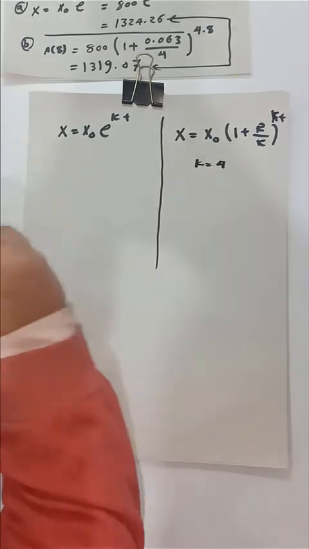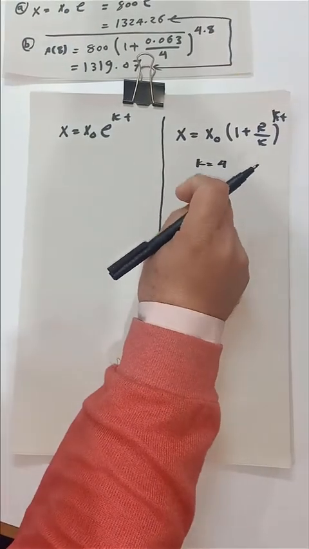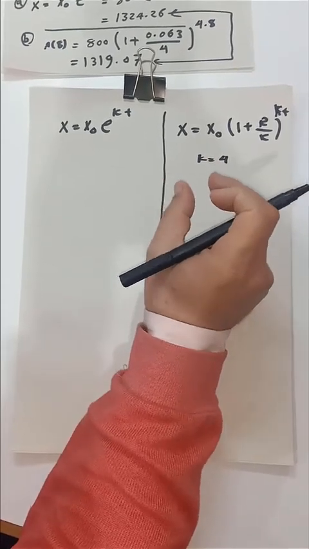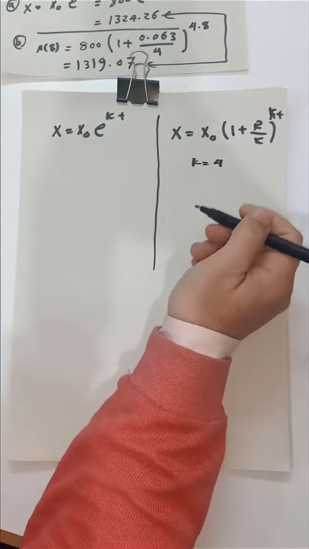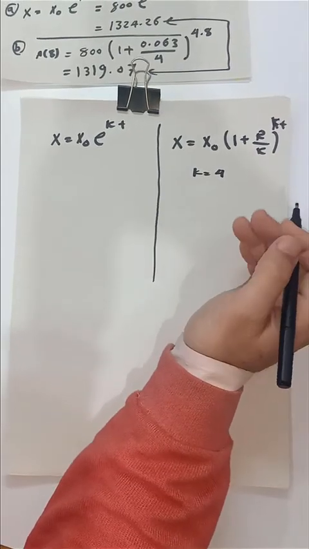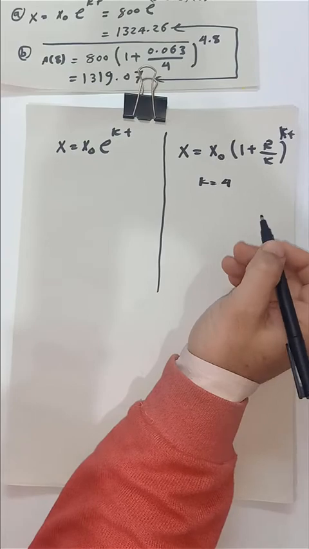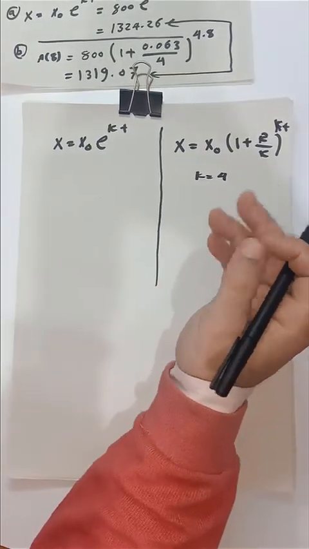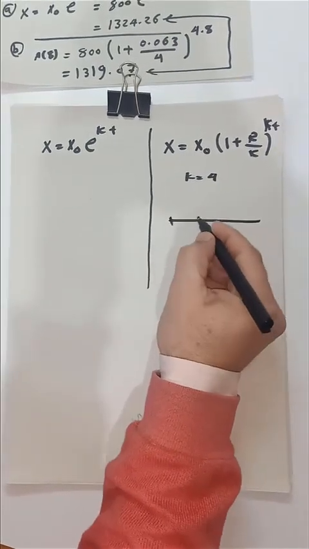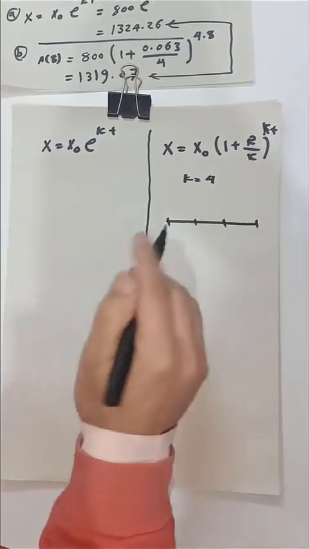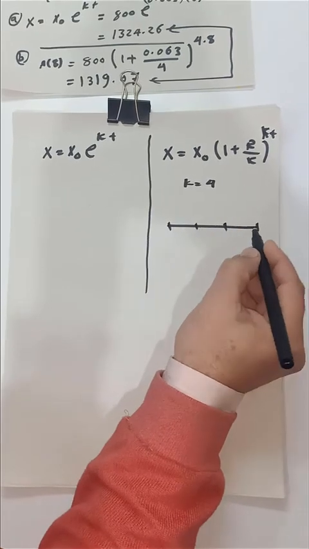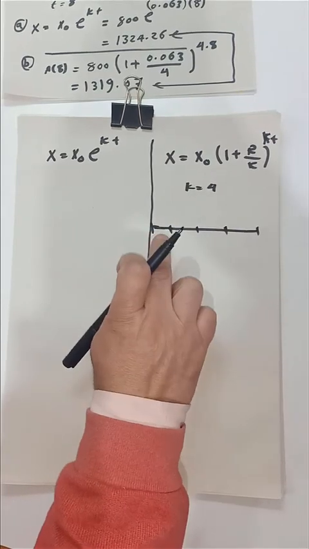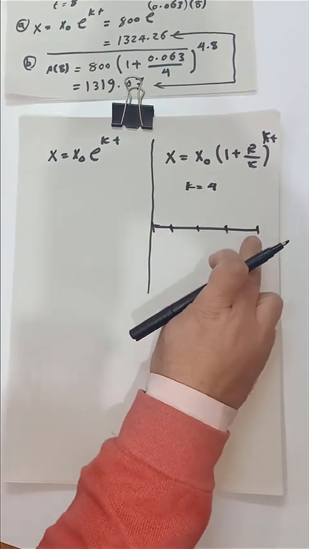equals 4. So we have 4 intervals in 1 year. If we do not reach the end of the year, say we are at 1 hour or 1 day, we have 3 intervals only. So the year here is divided into 4 parts: the first part, second part, third part, fourth part.